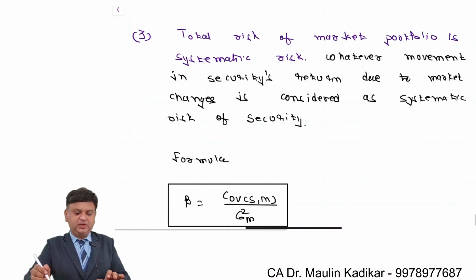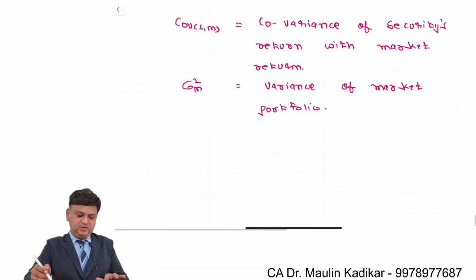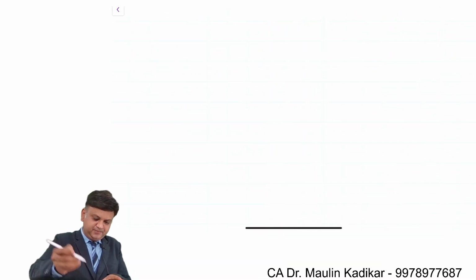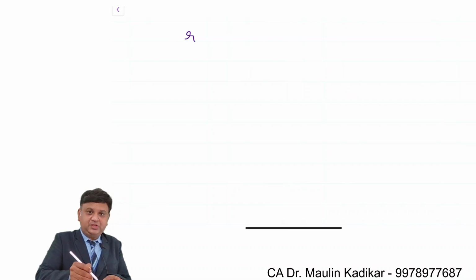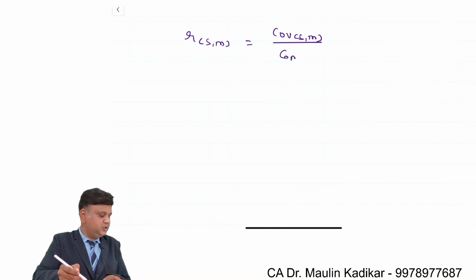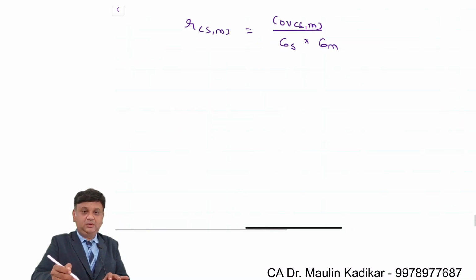Now friends, there is one more formula which we can apply. What is that formula? Let us understand. We know that the correlation coefficient between two variables, that is security with market, can be calculated as the covariance of the security with market divided by the standard deviation of the security into the standard deviation of the market portfolio.